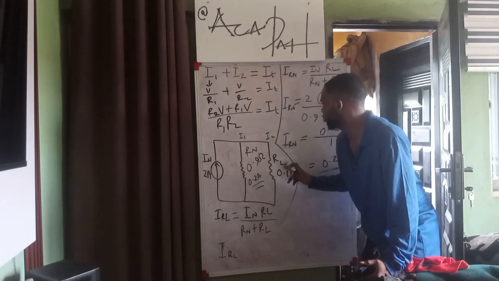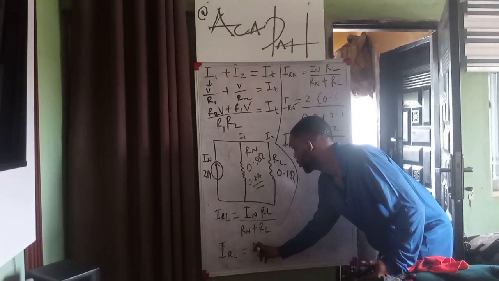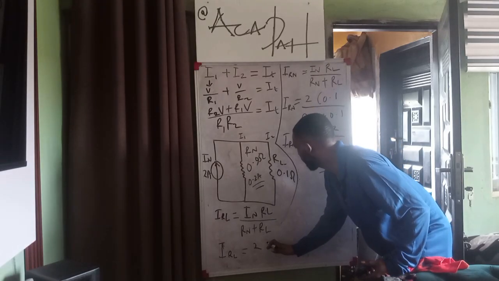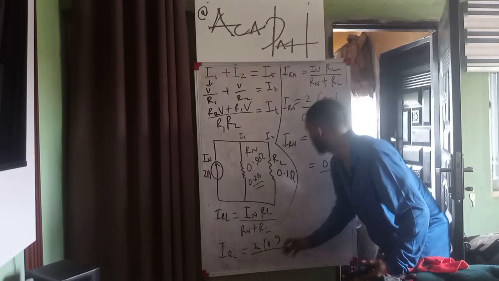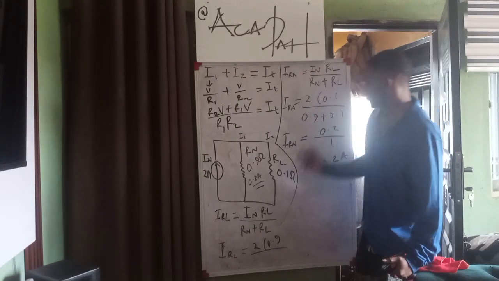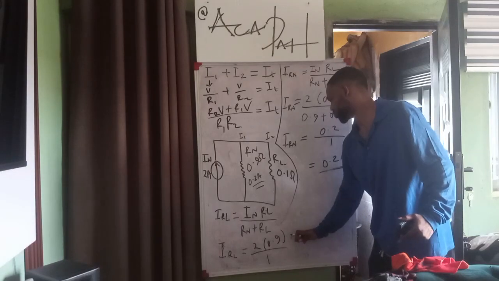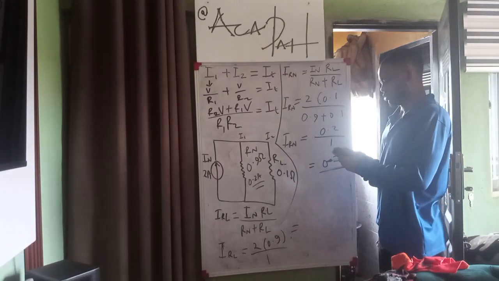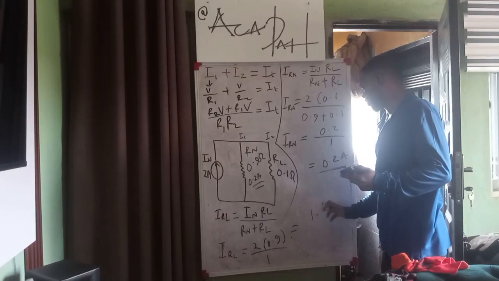That is what this LO means. Norton resistor, load resistor. So it equals 2 times the opposite, which is 0.9, all over the addition of the two, which is 1. So this is equal to 2 times 0.9, 1.8.